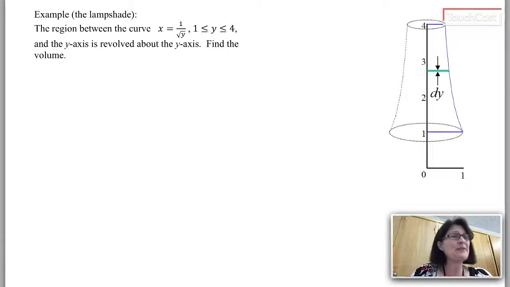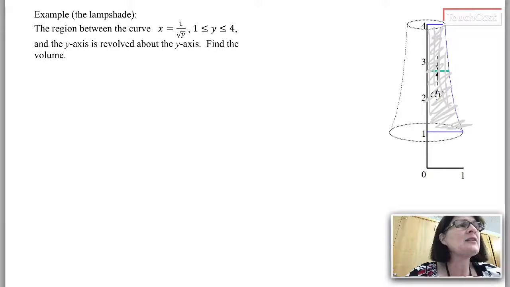And this time I've been told I'm going to take that region and revolve it around the y-axis. So here I might not do all of those steps just because I already have this picture. But notice that this is the region that I'm going to revolve.